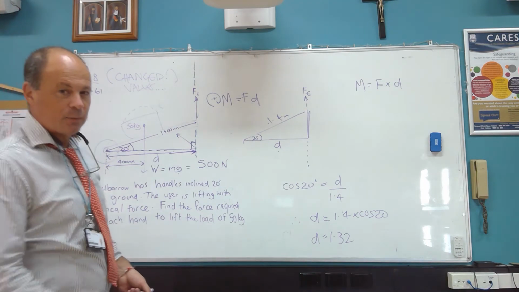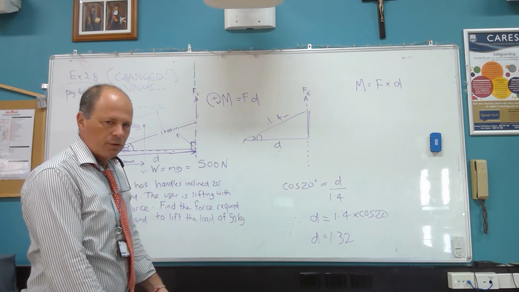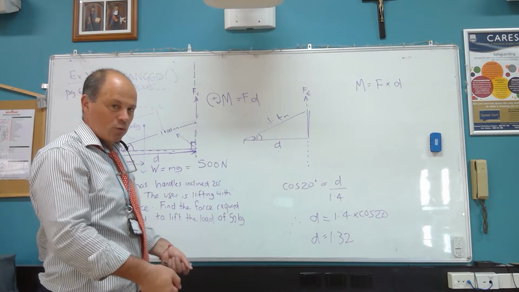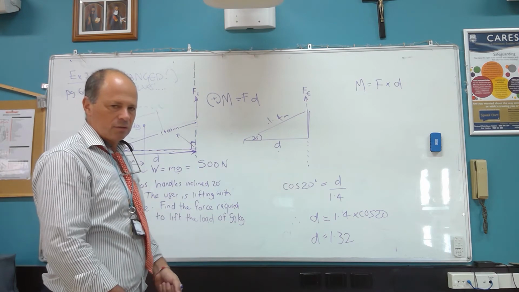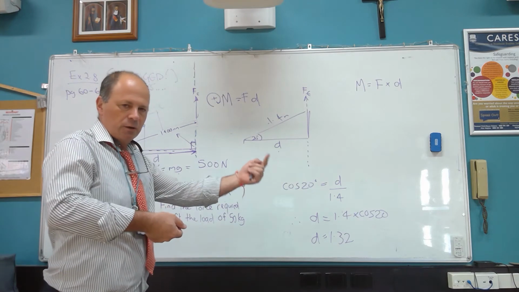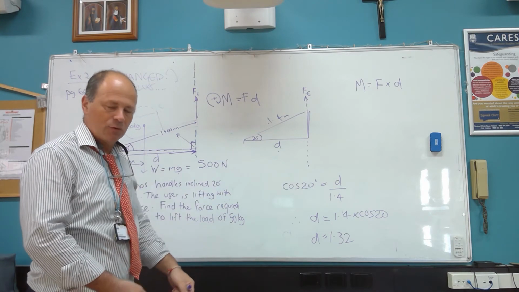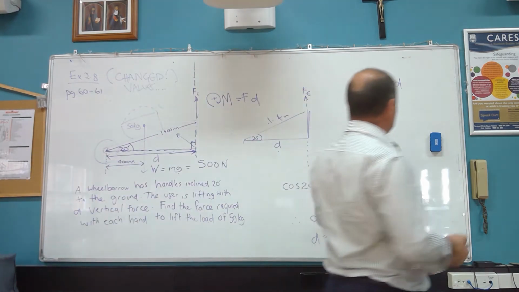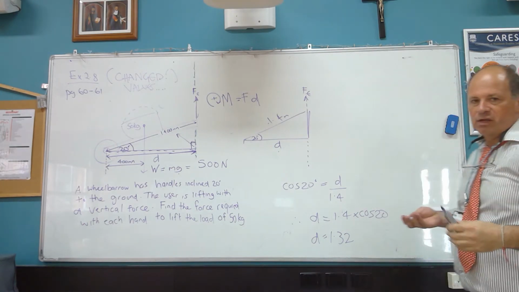So basically what happens is those moments, if you want to hold the barrow so that it doesn't drop or keep raising, you need to have it in equilibrium. In other words, the force that wants to make the wheelbarrow lift is being opposed by the force of the weight, that wants to make the wheelbarrow fall. They cancel each other out, okay? So this is something that you're going to use a lot when you do truss analysis, the idea of equilibrium.